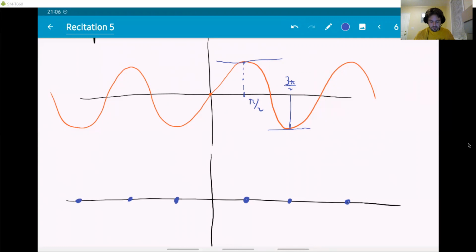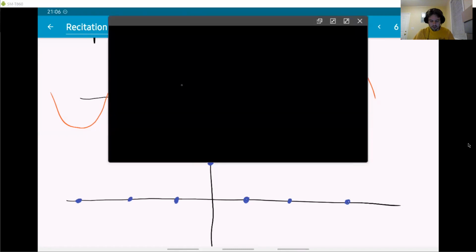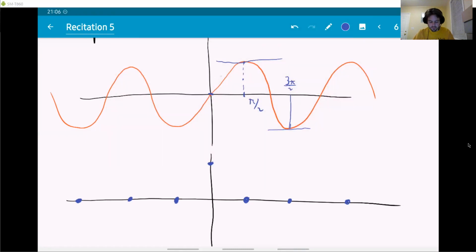Now, what is p prime of 0, for example? Here's 0. Imagine a tangent line to this part of the graph, this point. It's going up like this. So it's some positive number. Now we just need to try to understand what is happening, for example, between minus pi over 2 and pi over 2. Here's a place where the tangent was 0, and then it becomes 0 again at pi over 2.